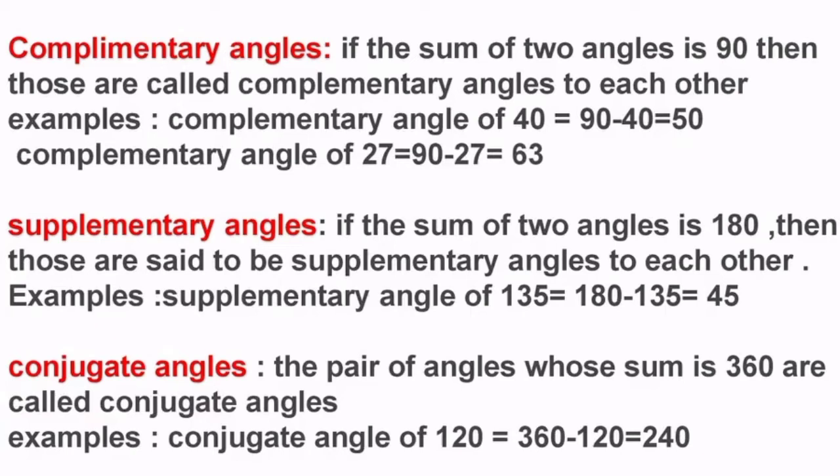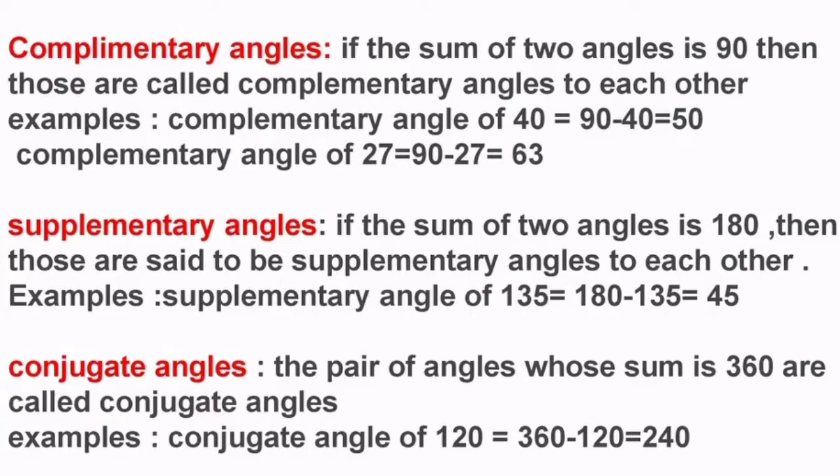Next, supplementary angles. If the sum of two angles is 180, then they are said to be supplementary angles to each other. The supplementary angle of 135 is 180 minus 135, which is equal to 45 degrees.